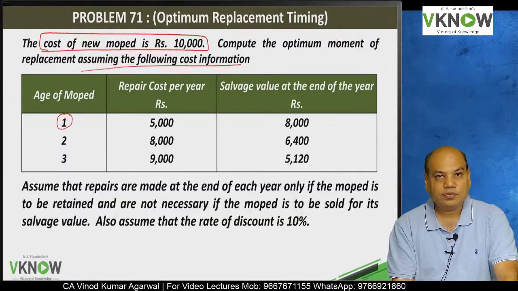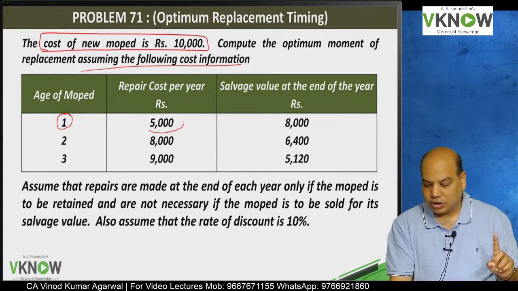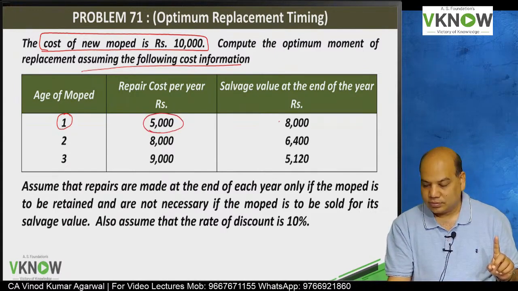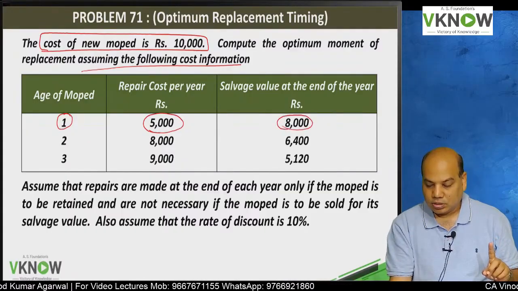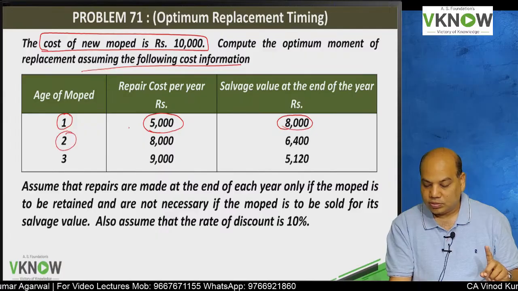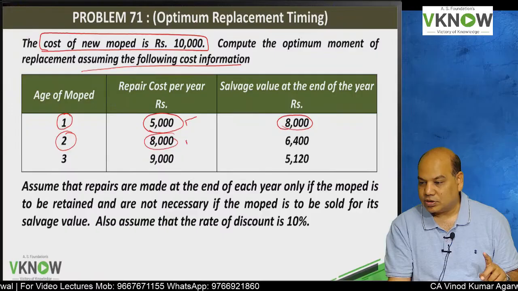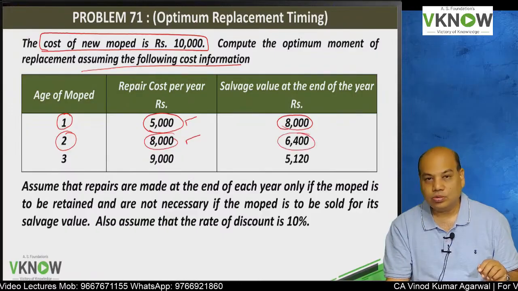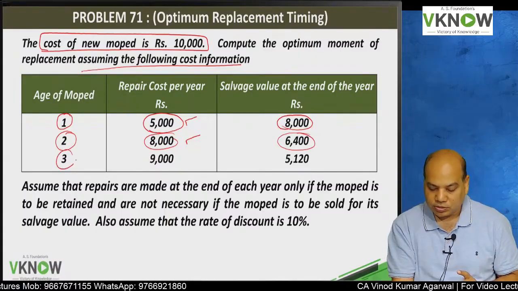If you use it for 1 year, repair cost will be 5,000, salvage value will be 8,000. If you use it for 2 years, then repair cost will be first year 5,000, second year repair will be 8,000, but salvage value, if you sell it in the second year, salvage value will be 6,400.